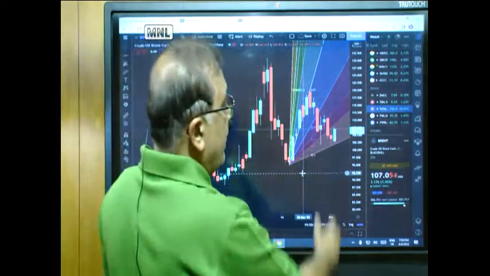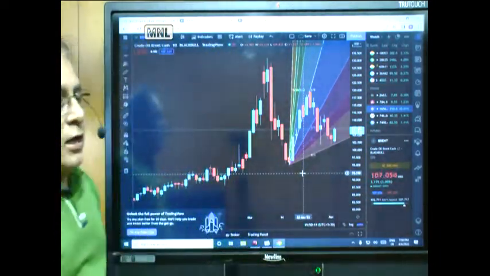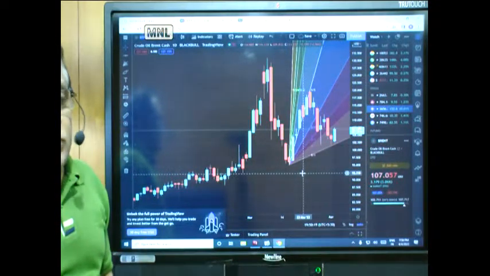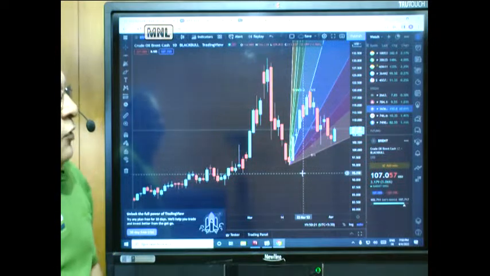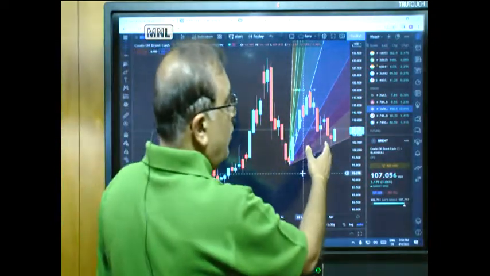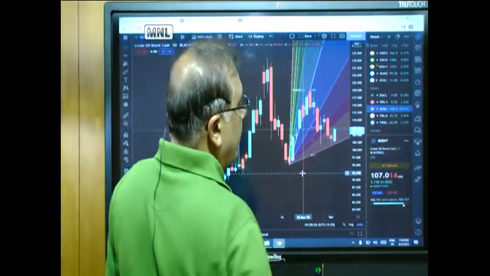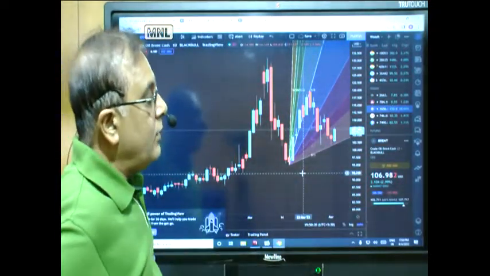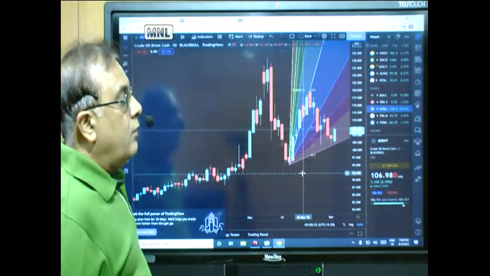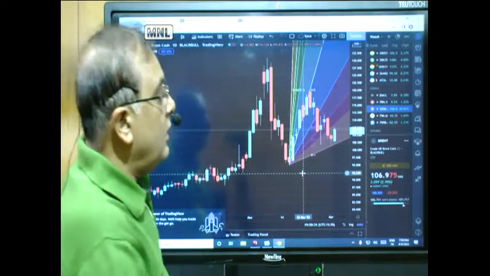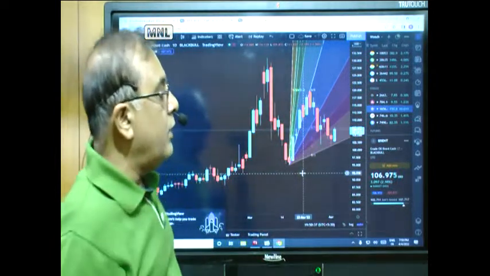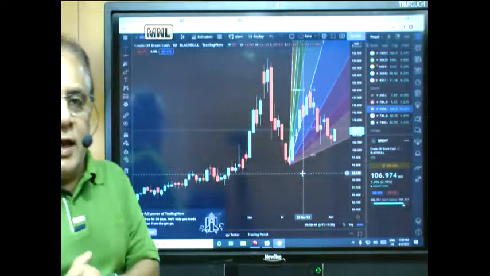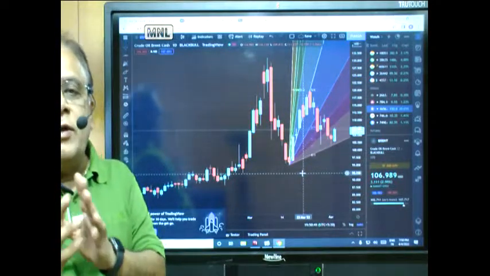This is 8 bar 1 angle, and that seems to be holding right now. So this is going to be the last important level of support. But generally it will not come up to that level, and probably the 4 bar 1 itself should be good, and 3 bar 1 itself should be extremely good. So we should be looking at the 3 bar 1 as very important. Worst come worst, going up to 4 bar 1, which is the 75 degree, 75% of the time.